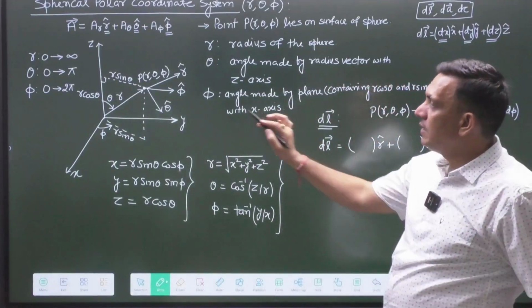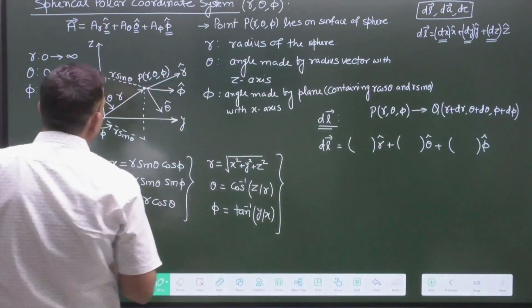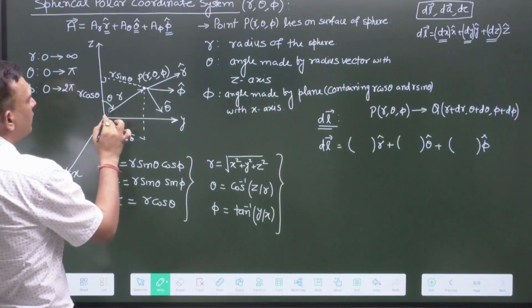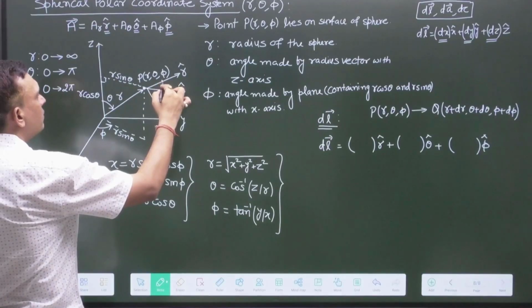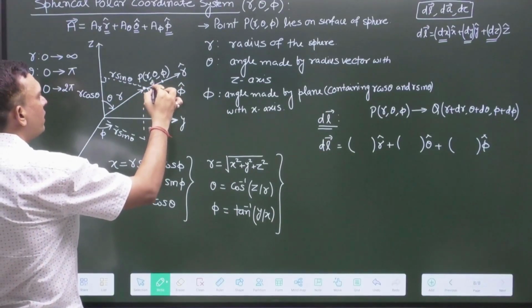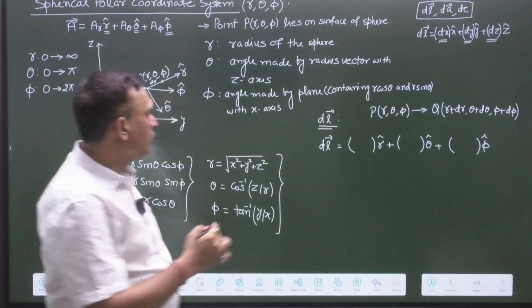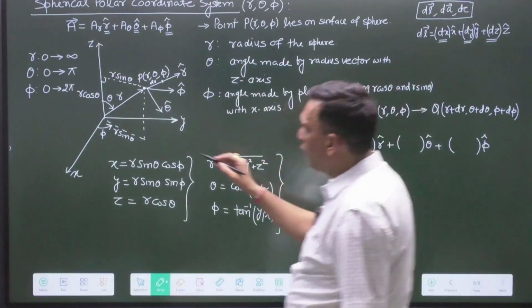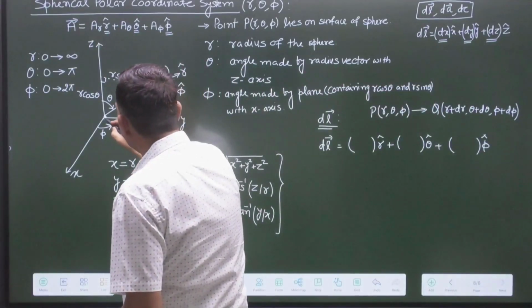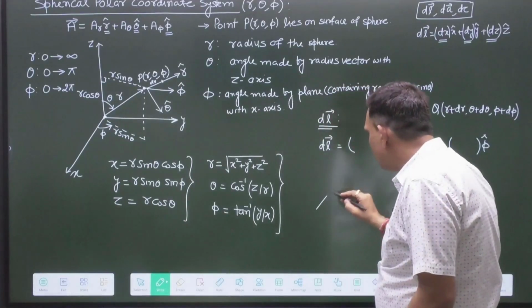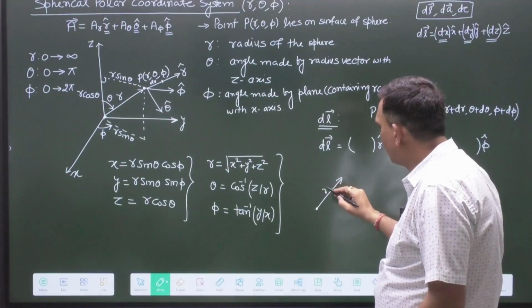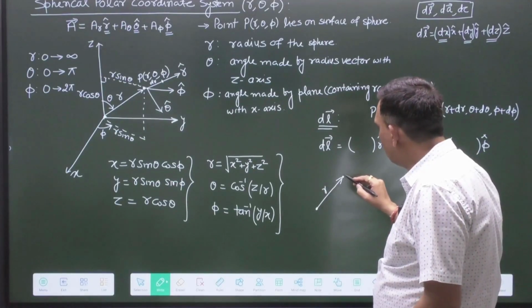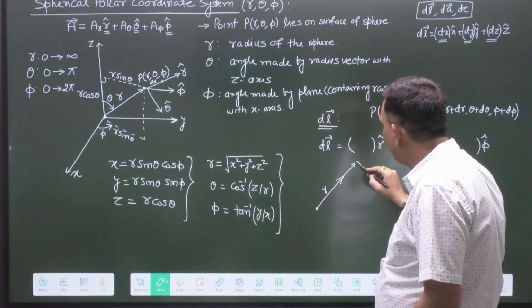So let's see this figure. If r changes to dr, so simply the change will be dr. You have to redraw this figure. This point is the origin. So if you have some vector r here, along r cap, what will be the change?